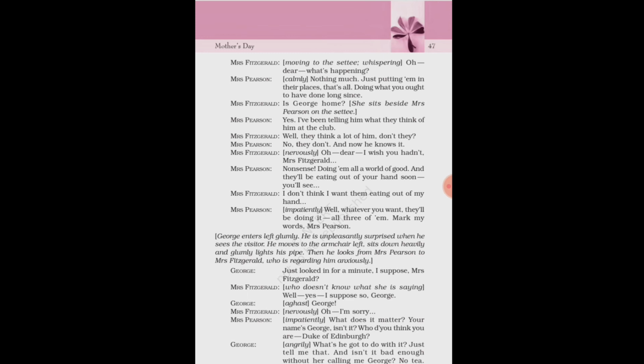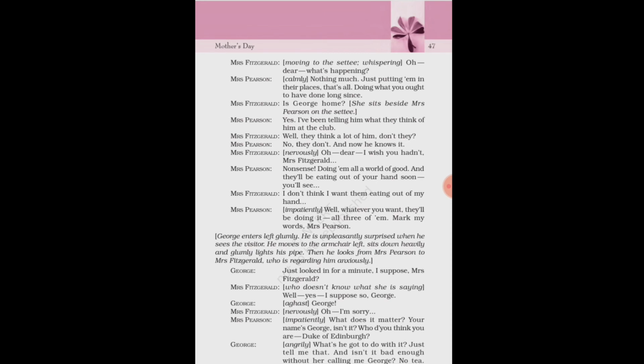"No, they don't, and he knows it." Mrs. Fitzgerald: "Oh dear, I wish you hadn't." Mrs. Pearson: "Nonsense, doing 'em all a world of good, and they'll be eating out of your hand soon, you'll see." "I don't think I want them eating out of my hand." "Well, whatever you want, they'll be doing it. All three of them, mark my words, Mrs. Pearson."